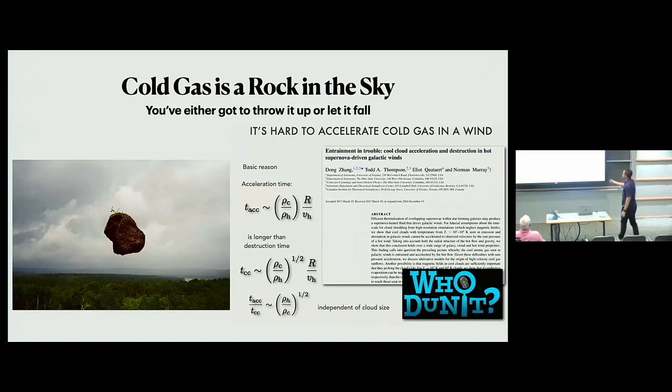You can compare that to a destruction time, which this community calls a cloud crushing time, but is essentially a Kelvin-Helmholtz timescale, mixing driven by shear, which is shorter than that. So just from this consideration, it seems like you should never be able to accelerate something by blowing on it. If you have a galactic wind that tries to lift your cold cloud up, then shear instability should mix it into the background. So what's going on?